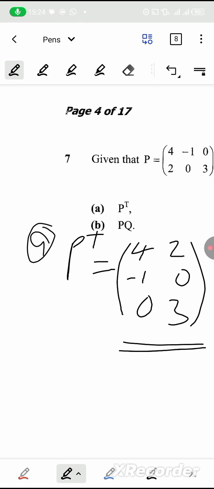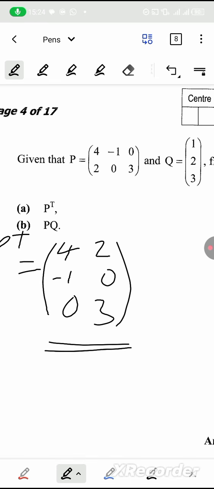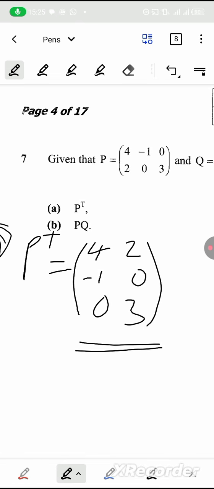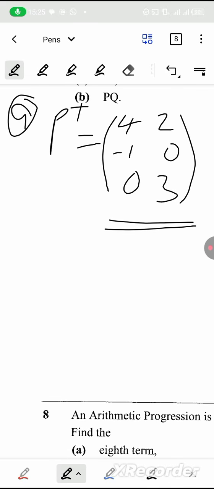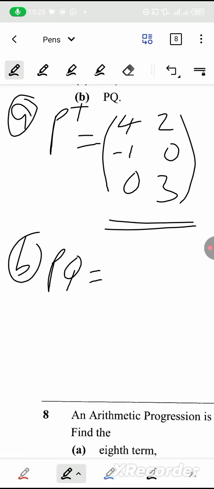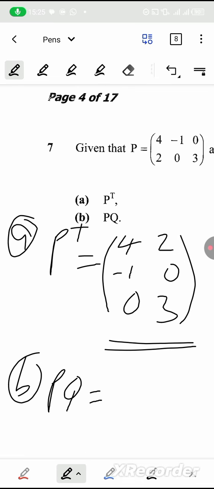So PQ, that is now multiplication, meaning we have to multiply P times Q. That is the question itself. So now we can say B. We are saying PQ is equals to, now arrange them according to the way they are.